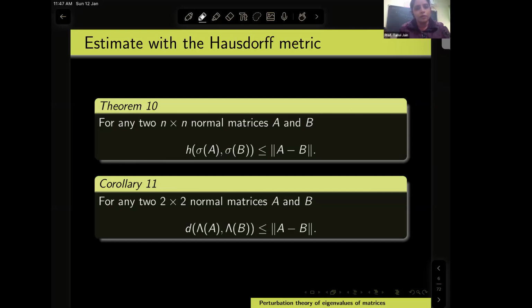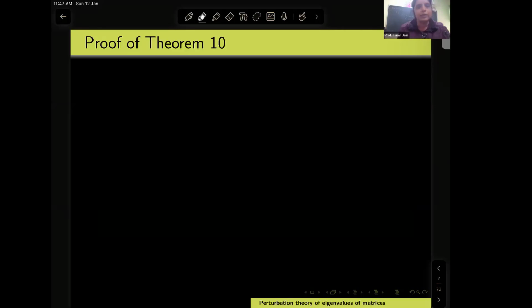So just roughly understand that here we are even ignoring the multiplicities of the eigenvalues. So now σ(A) and σ(B) can be two sets of very different cardinality also. Before giving the proof of this, I'll give you just two simple examples so that you will have a feeling for how d(λ(A), λ(B)) is different from H(σ(A), σ(B)).